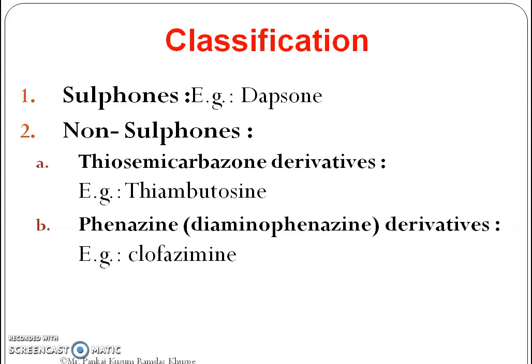First is thiosemicarbazone derivative, example thiambutosine, and second subclass is phenazine derivative, example clofazimine. So this is the classification of anti-leprotic agents. Keep this classification in your mind because sometimes in the final MSBTE examination they may ask for the classification of anti-leprotic agents in the paper.